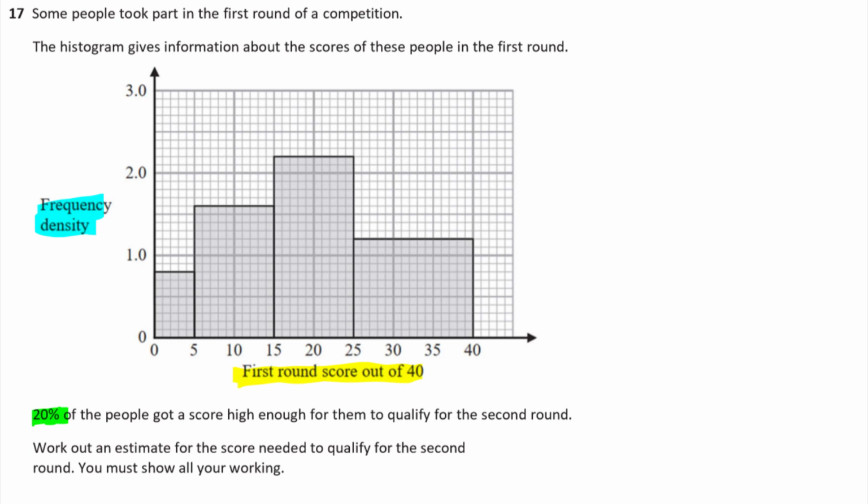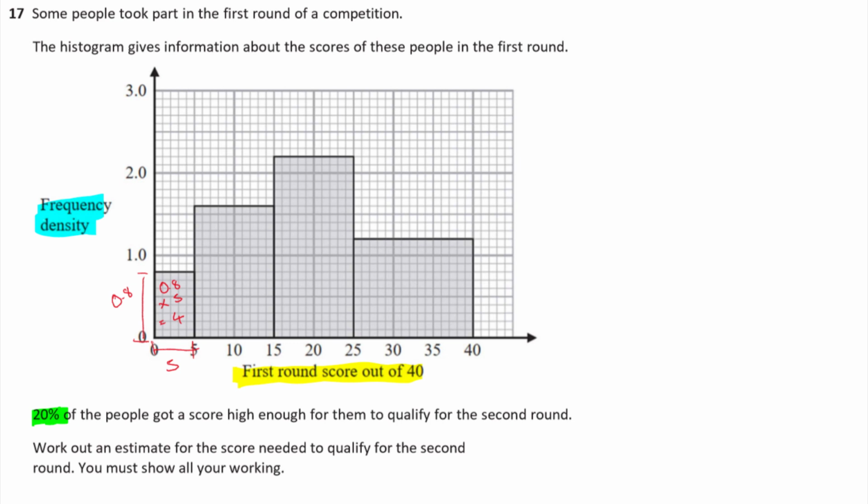So if you have a look at this smallest rectangle on the left here, it's got a width of 5, from there to there, and it's got a height of, what's that on that scale? Got 10 little boxes going from 0 to 1, so that's got to be 0.8, isn't it? So this bar here is going to be 0.8 multiplied by 5, width times height, and that's 4, isn't it?